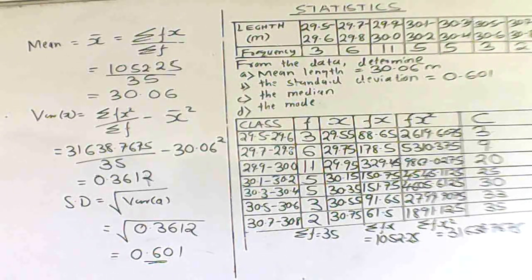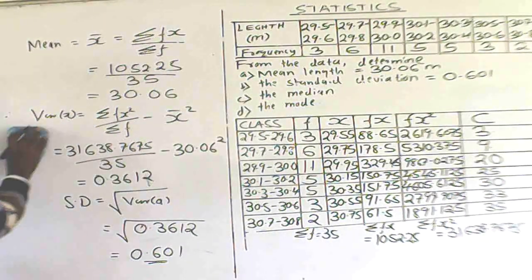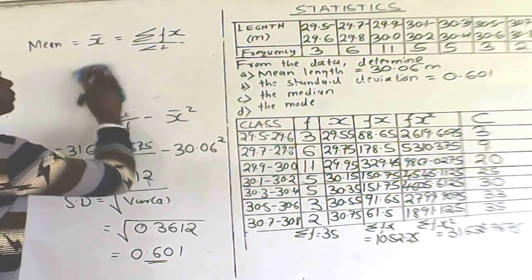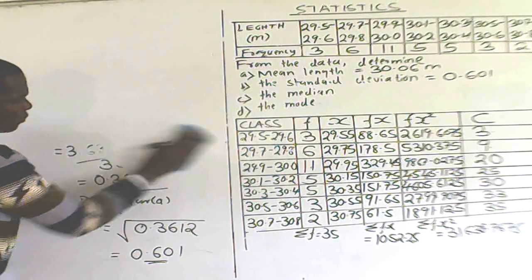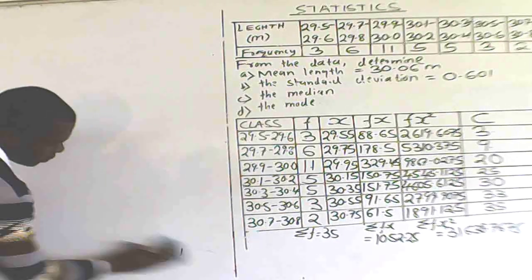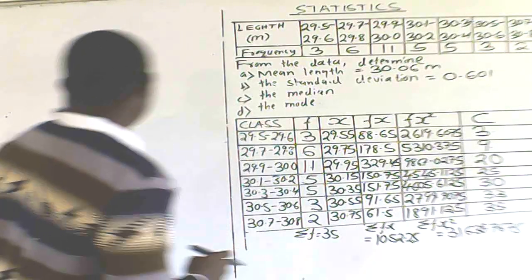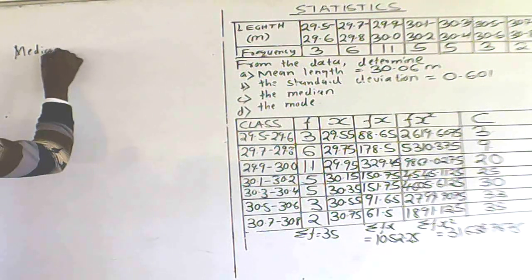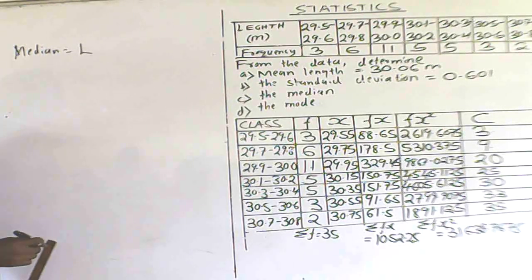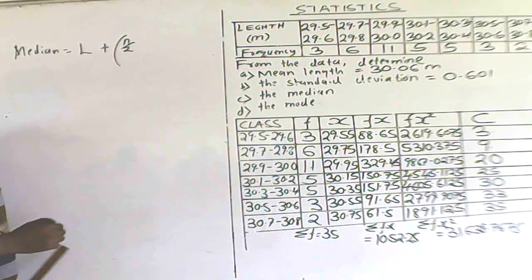Let us see how to deal with part C, the median. How do we get the median? The median is given by the lower class limit of the median class plus n over 2, which represents the median term.